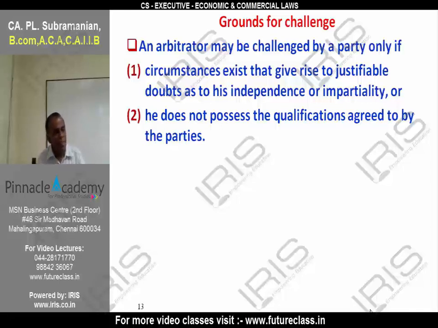Why 10 years of experience? Then only will he be able to know whether there is any quality problem. But they have appointed a person without experience. So the other party can go to the court saying that this person has not worked in a company for 10 years, so he is not capable of analyzing it. So cancel that. That is also possible. Second one: he does not possess the qualification prescribed, agreed by the parties themselves.